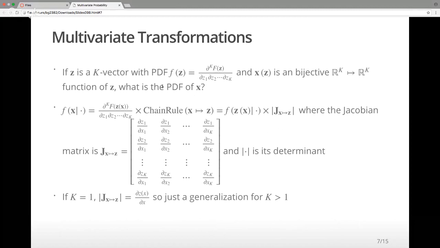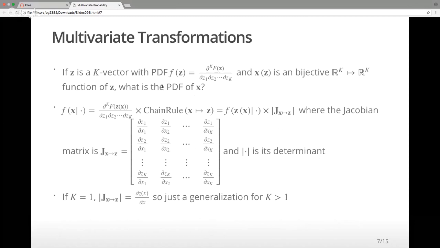Below it, partial derivative of Z2 with respect to X1, partial derivative of ZK with respect to X1. And then over here, second column, we have partial derivative of Z1 with respect to X2, partial derivative of Z2 with respect to X2, etc. All the way down in the bottom right corner, partial derivative of ZK with respect to XK.